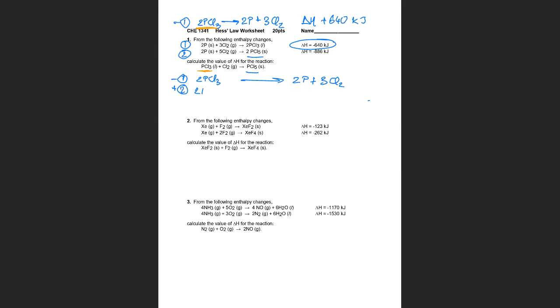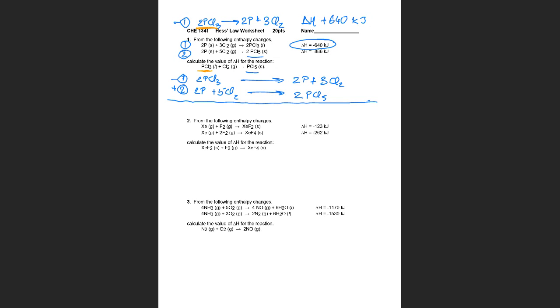And line 2 says 2P plus 5 Cl2s makes 2 PCl5s. Okay. I'm going to add those together and see what I get.